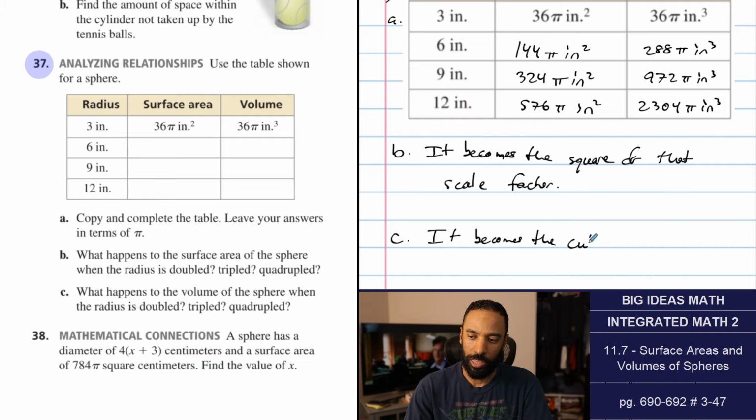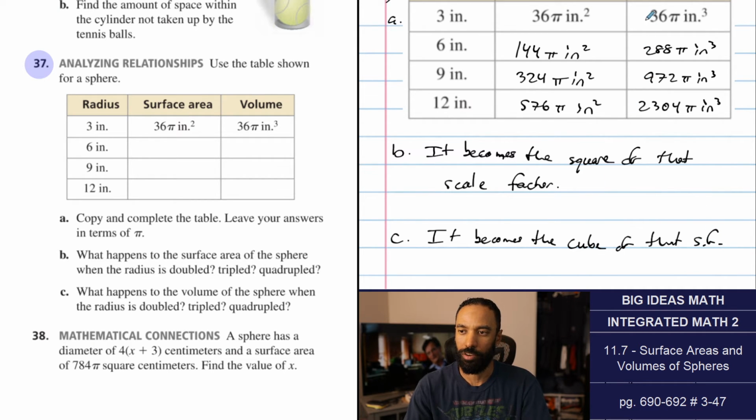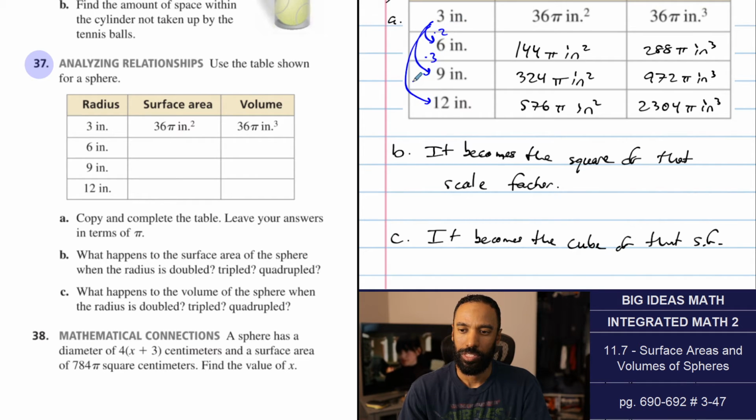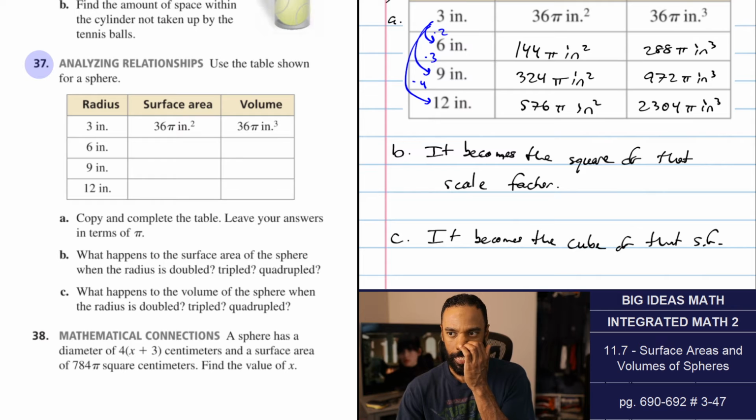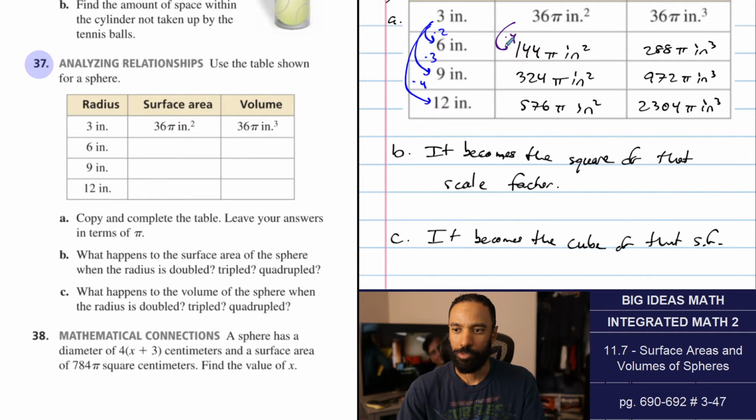So I think I'm going to write those in this table of that scale factor. Sorry for the handwriting. That's why I generally type these. So here we have times 2, times 3, times 4. And here we have times 4, times 9, times 16.